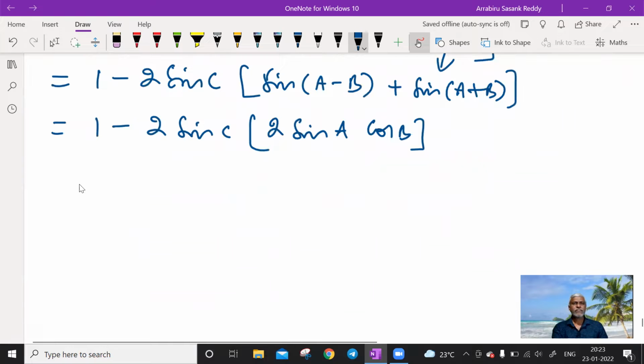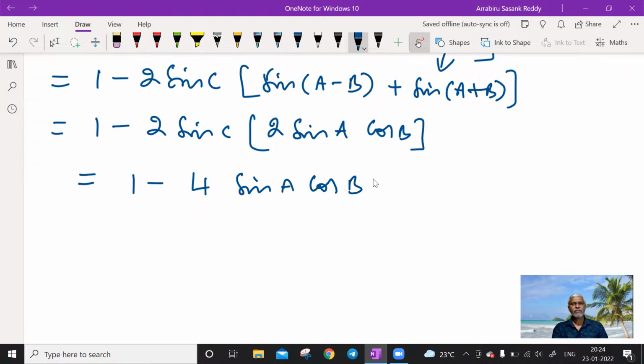Now this is equal to 1 minus 2 into 2, that is 4 sin A cos B sin C. So this is the right hand side. You can check the answer.